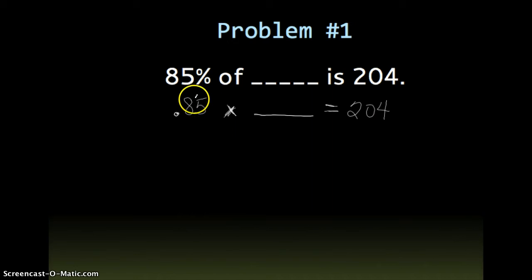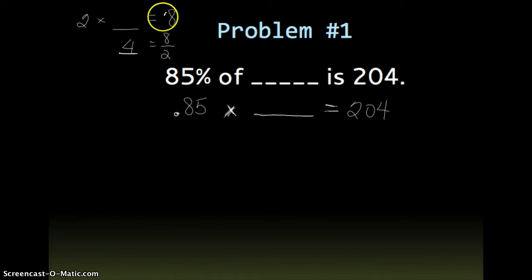Now, if we think about this, if we had a regular number, let's say 2, I'm going to write it over here. If you had 2 times blank equals 8. Well, you could say 2 times 4 because you know that 2 times 4 equals 8. Or you could say this blank is equal to 8 divided by 2, which we know equals 4.